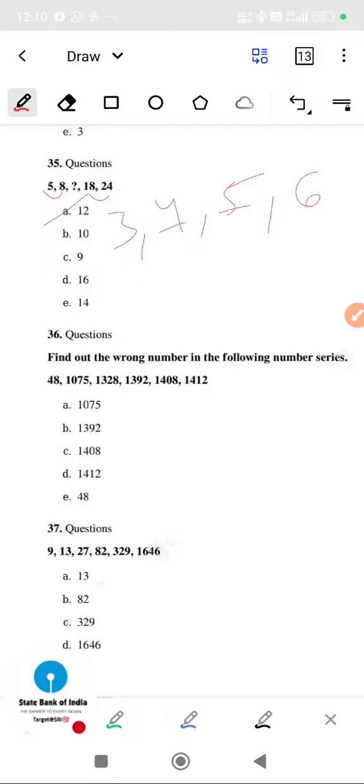Wait a second. We don't take these numbers. It is not the answer. Let me see what the differences are. I see a mistake in the question.